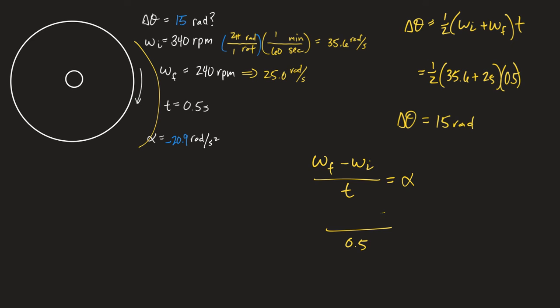Oops, I got those backwards. 25 minus 30.6 divided by 0.5 equals alpha. And that's where I got the negative 20.9. Yep. Well, you don't have to do it there, but you would eventually have to convert it to radians because I asked for them in radians. I asked for the first one in radians, and the bottom one in radians per second squared. Okay.